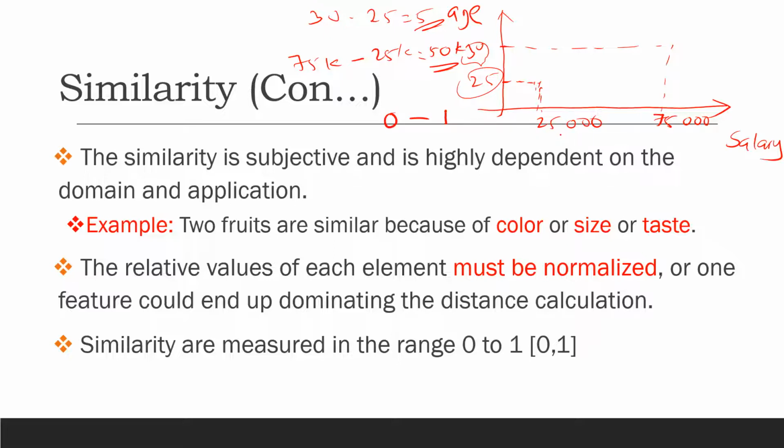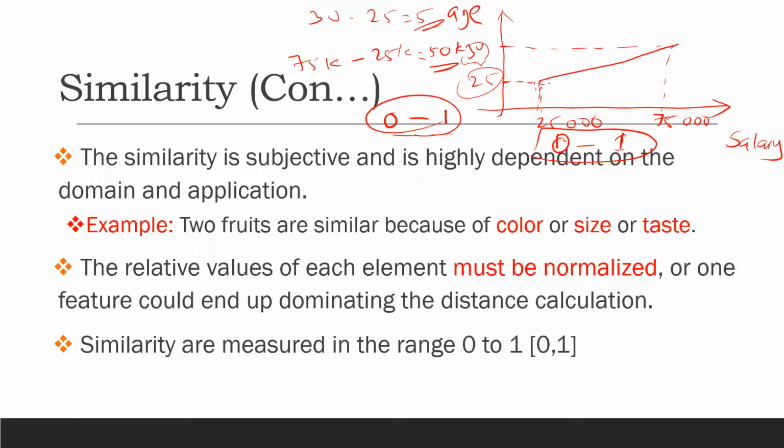Similarly, we need to convert the salary into a 0 to 1 range. That is what we call normalization. So what will happen whenever we change all the parameters into the same range? There is no issue now. But if you do not normalize the attributes, it will give a long distance.